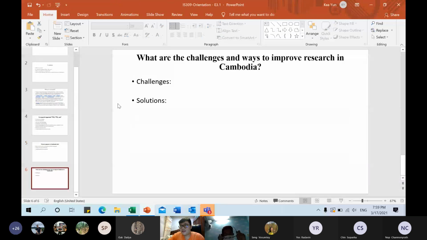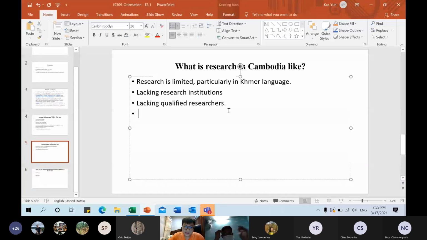Sure. I think the research field in Cambodia is dominated by NGOs. And the fields that they usually research on are agriculture and social topics. Related research on limited topics, right?